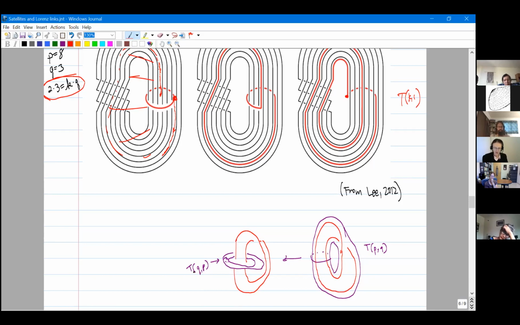And this is a well-known transformation. You get a (q, p) torus knot, and that looks something like this, and now it is enclosing the k strands of the T(k, 1) as shown. Okay, so we're going to ignore for a minute the fact that we have a (q, p) torus knot on this link component over here, and we're just going to call that C.